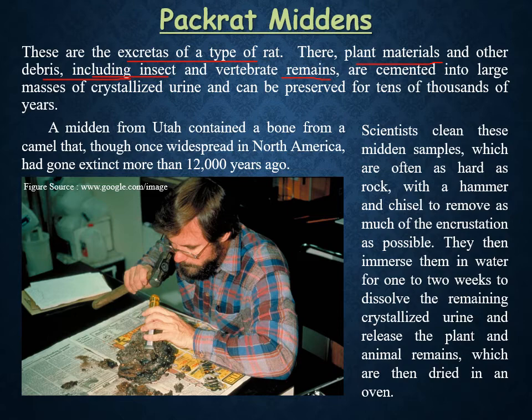And these kinds of excreta, these middens, are preserved for tens of thousands of years. Now, these excreta of pack rats or cave rats or wood rats are found in caves and rock shelters. And as they contain different kinds of plant remains which are undigested, vertebrate remains, insect remains with them.